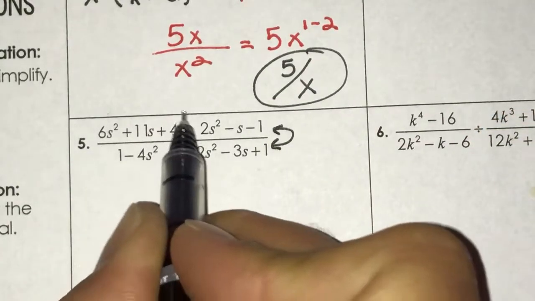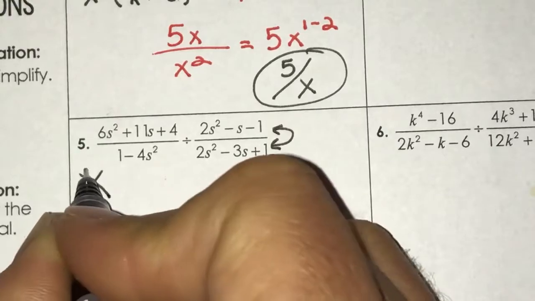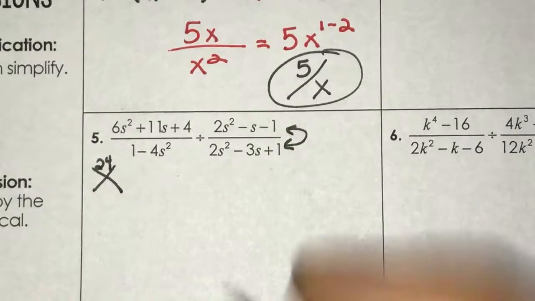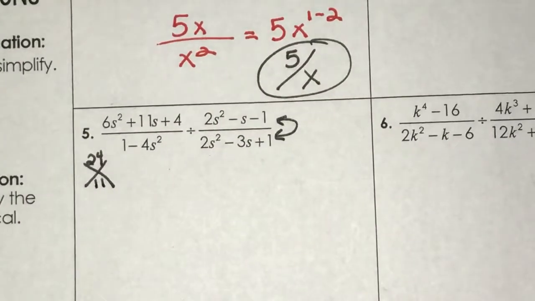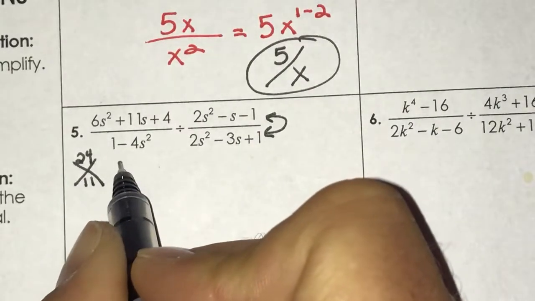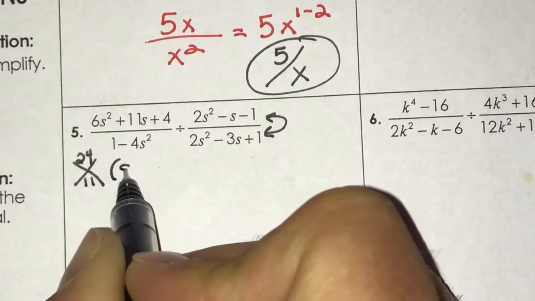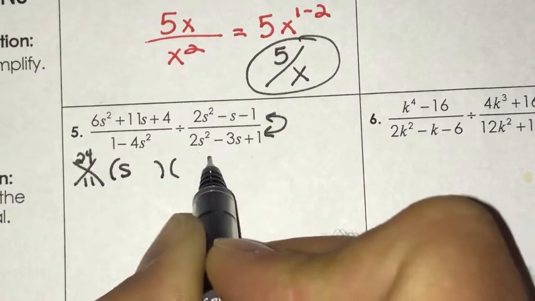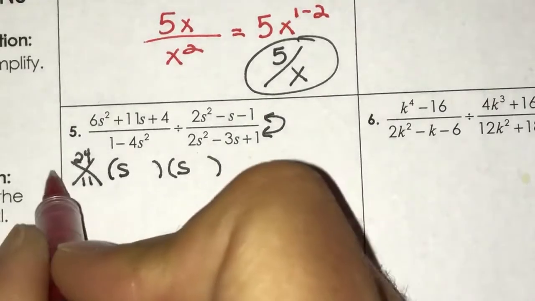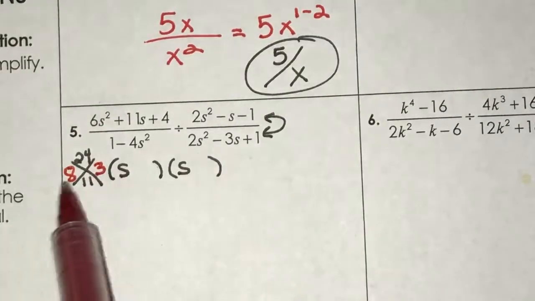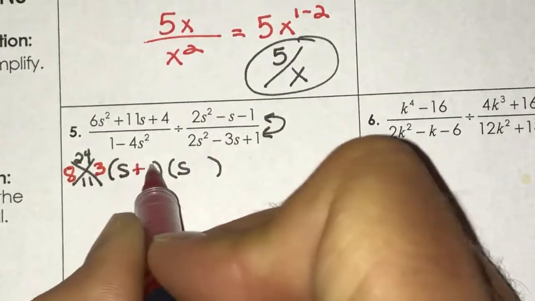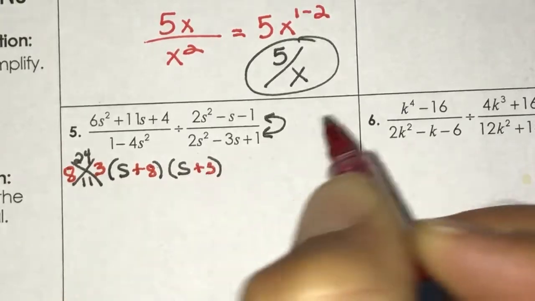So let's start factoring this on the top left. Factors of 24 that add up to 11. Eight and 3, right? So 8 times 3 is 24, 8 plus 3 is 11. So those go here and here.